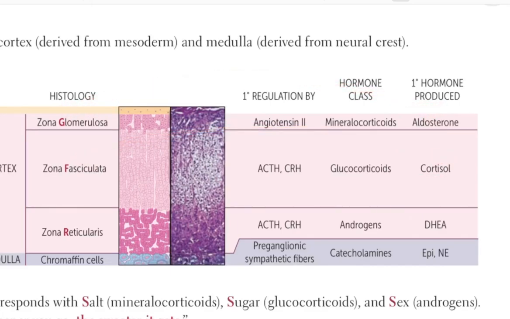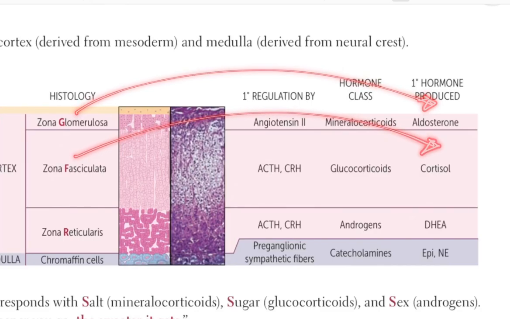The last section, the zona reticularis, produces sex hormones which are androgens, and the primary sex hormone is DHEA, which is dihydroepiandrosterone. So, glomerulosa produces aldosterone, fasciculata produces cortisol, and reticularis produces DHEA.